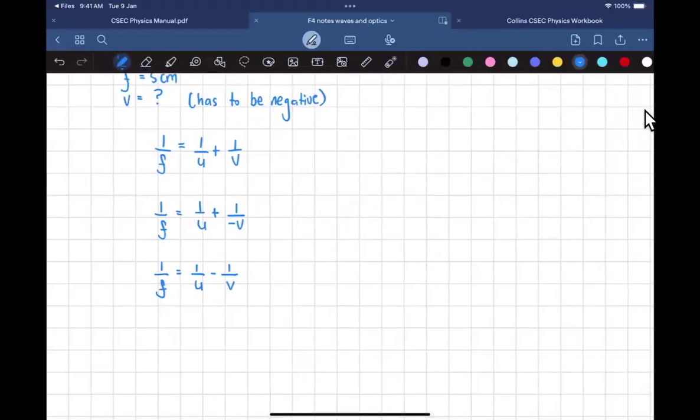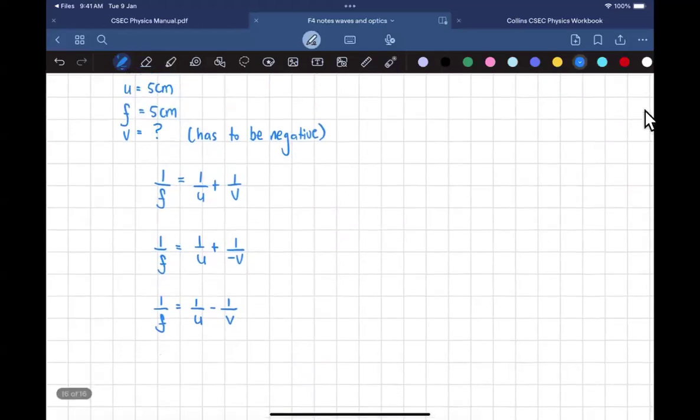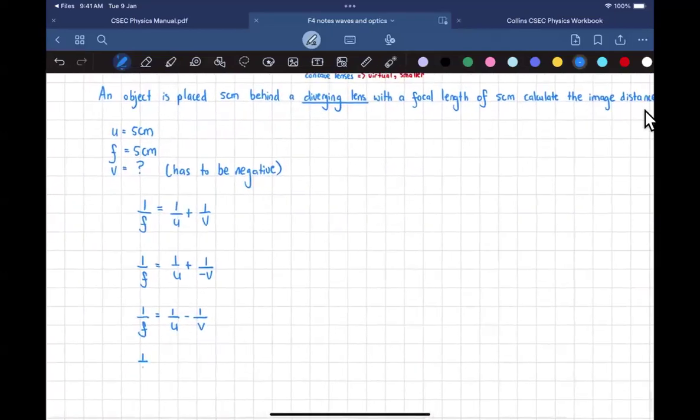So now we could actually plug in everything. Justin, what was my focal length? 5 centimeters. What was my object distance? 5 centimeters. And do I know what my image distance is?